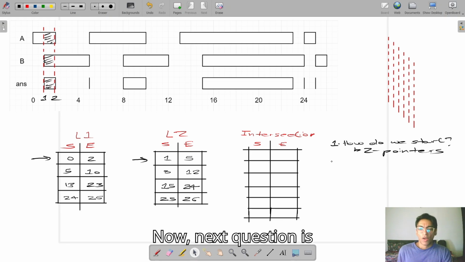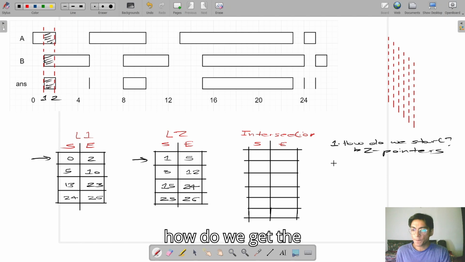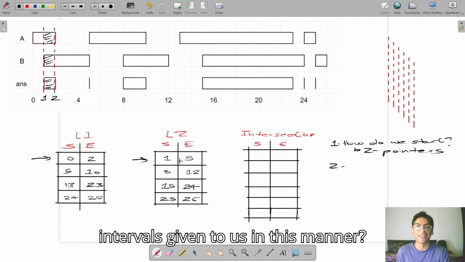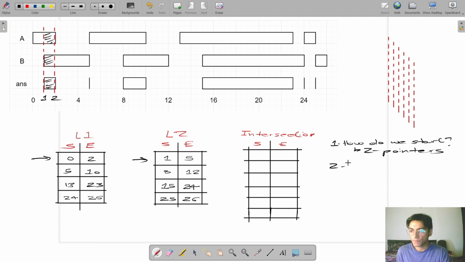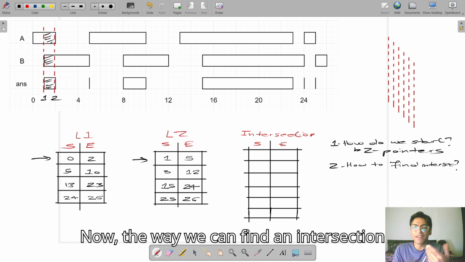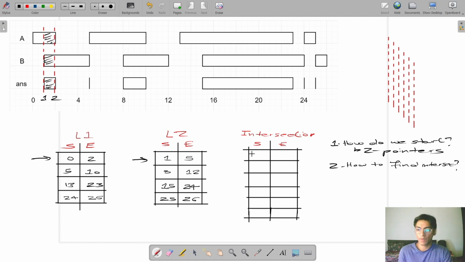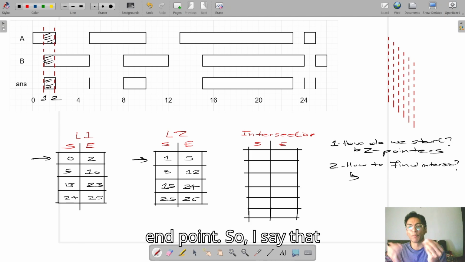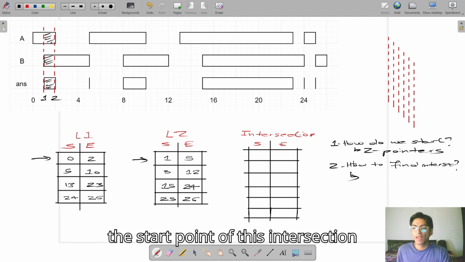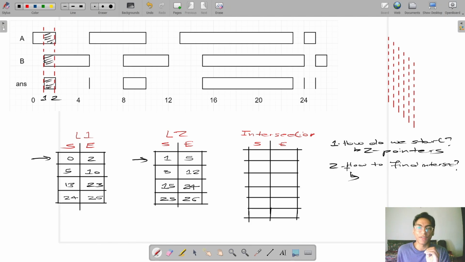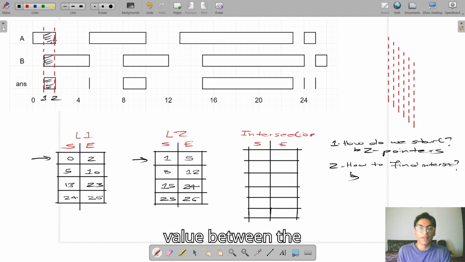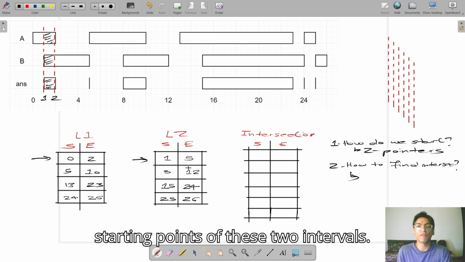Now, next question is, how do we get the intersection of any two intervals given to us in this manner? The way we can find an intersection is actually quite simple. We have to find 2 points, right? The start point of this intersection and the end point. So I say that the start point of this intersection can be whatever is the highest value between the starting points of these two intervals.